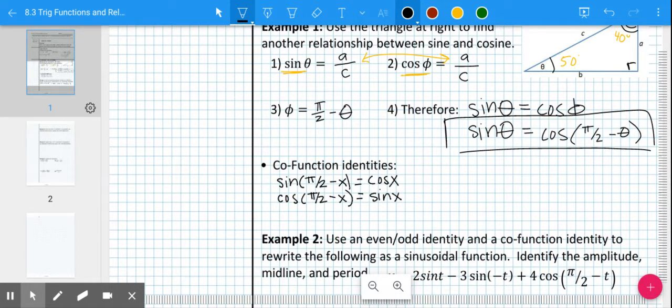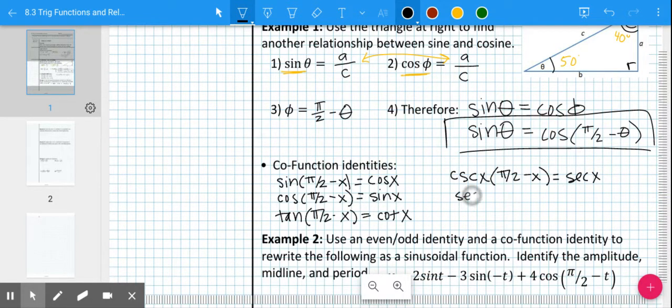Then I have one with tan and cotan. Tangent of pi over 2 minus x is equal to cotan of x. Make sure you're writing these all down carefully and correctly. Then we have some with the reciprocals. Cosecant of pi over 2 minus x is equal to secant.